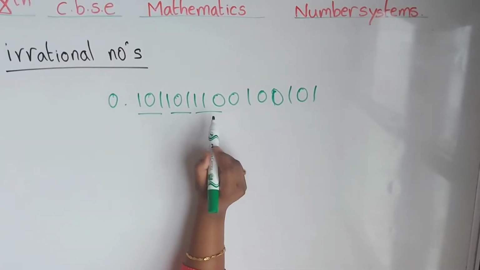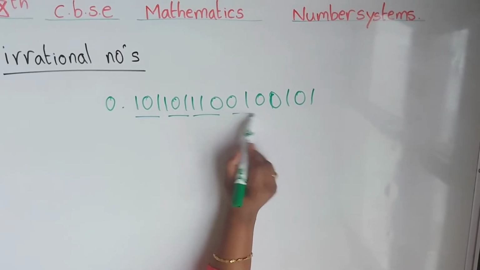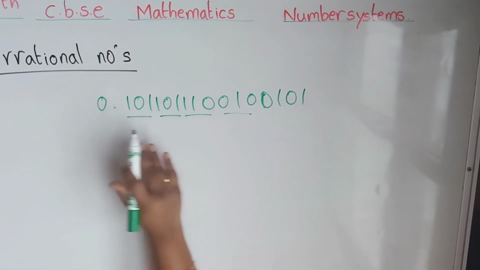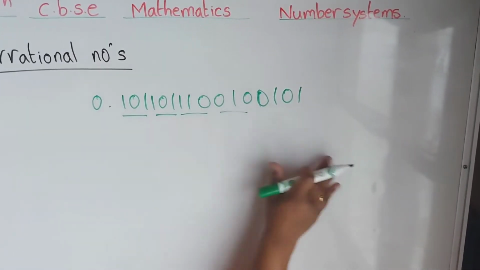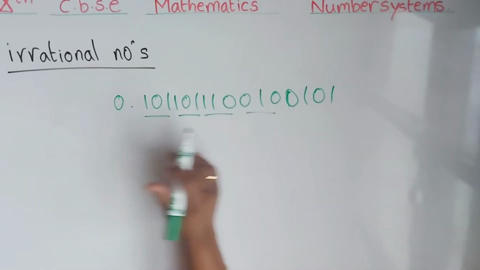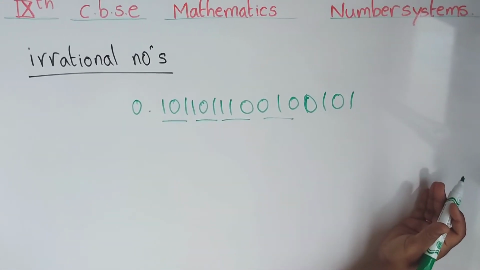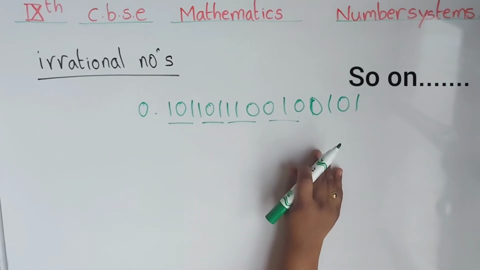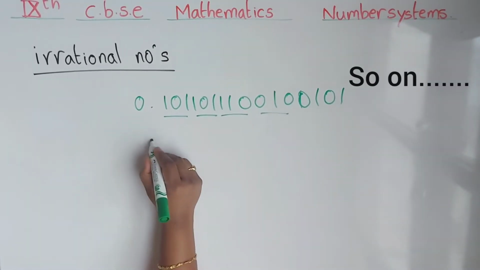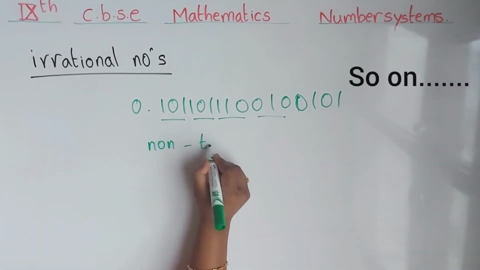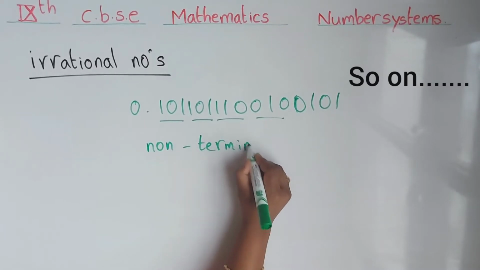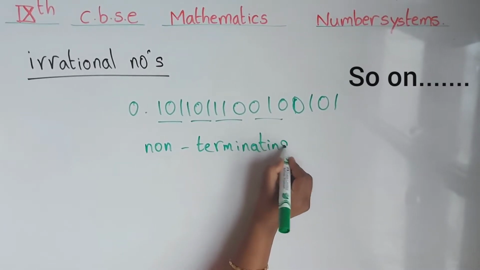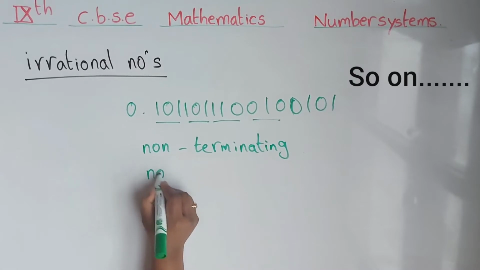Now here you see 110. And here you see 010. It is not repeating the same numbers. It is a never-ending decimal expansion but not repeating the same numbers. So it is non-terminating and non-recurring.